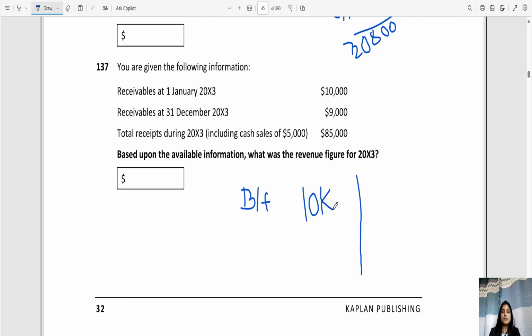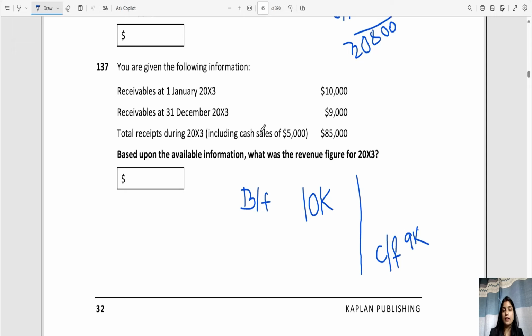Okay, and receivable at 31st January is the closing balance, and it will be on the opposite side of the balance brought forward. Always remember this rule. It's 9K, right? And total receipt during 20x3 including cash sales of 5,000 is 85,000.